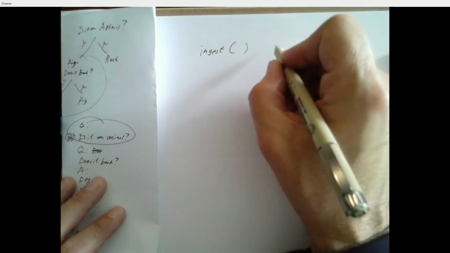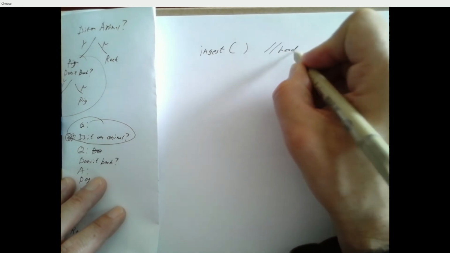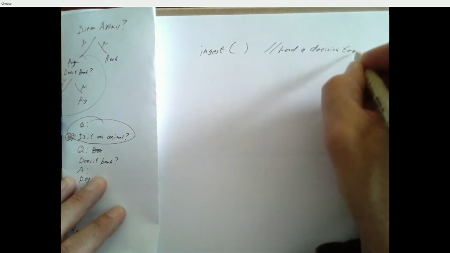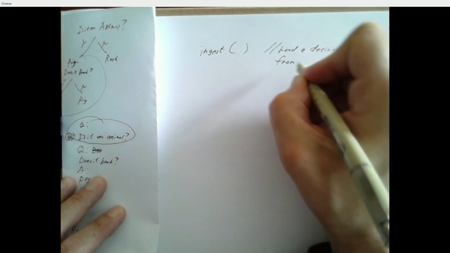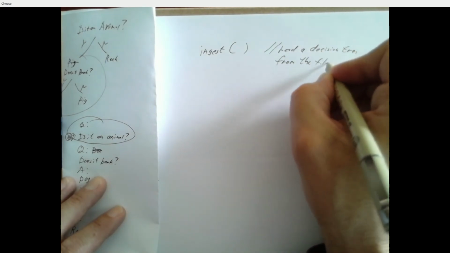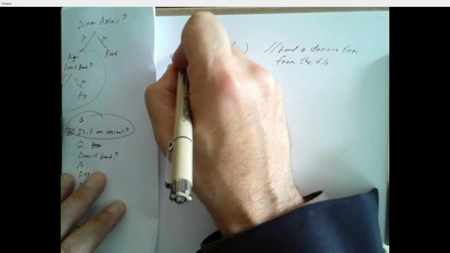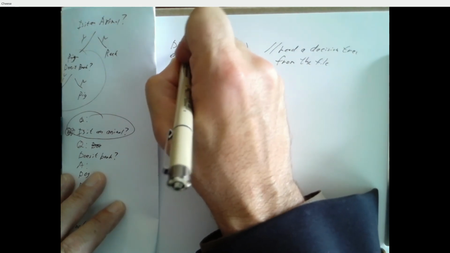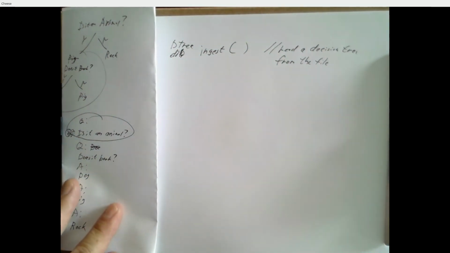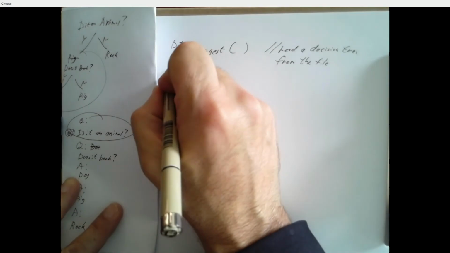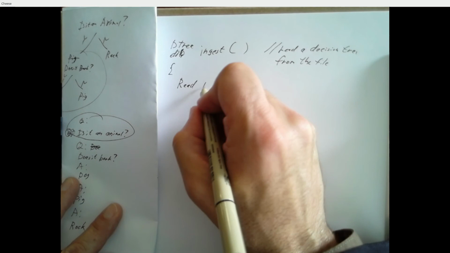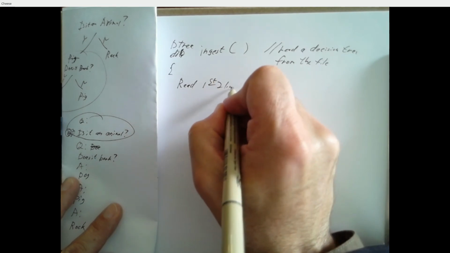But the purpose of ingest is to read a decision tree from the file, and this is going to return a decision tree, which is just a tree, right? So how does this work? Read first 2 lines.